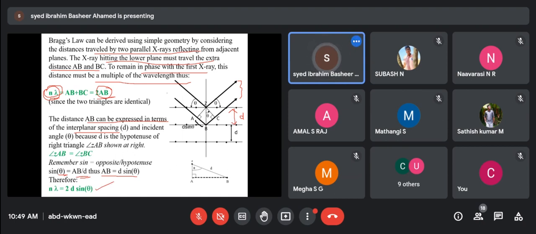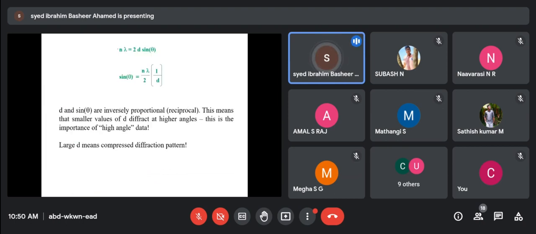So if any X-ray obeys this condition, or satisfies Bragg's law, you can say diffraction will occur. All right, so n lambda is equal to 2d sine theta. If you look into this, you can rewrite it as sine theta is equal to n lambda divided by 2d.